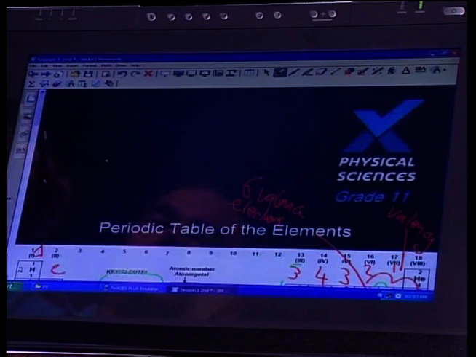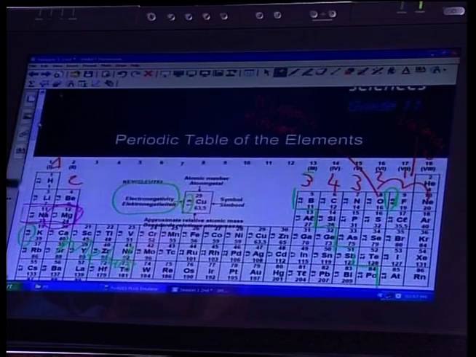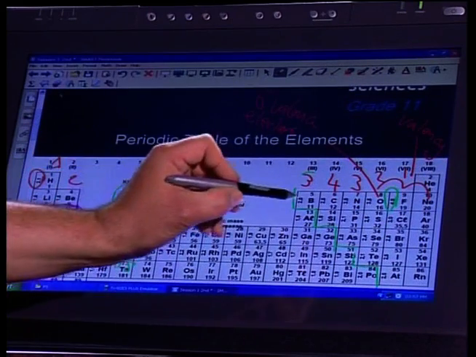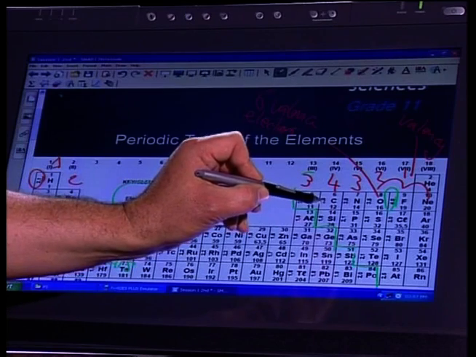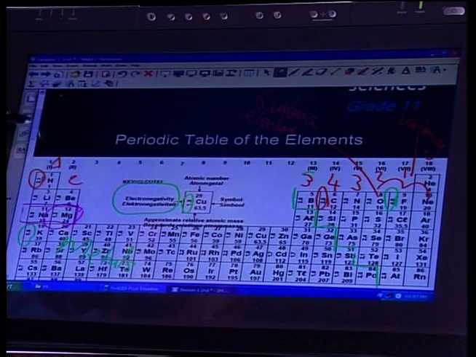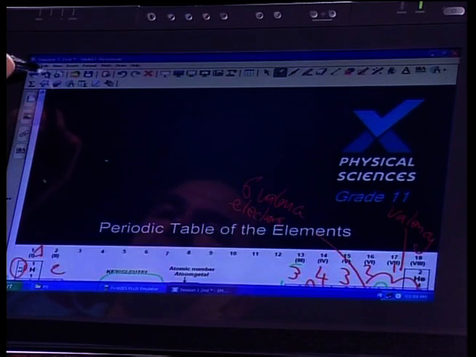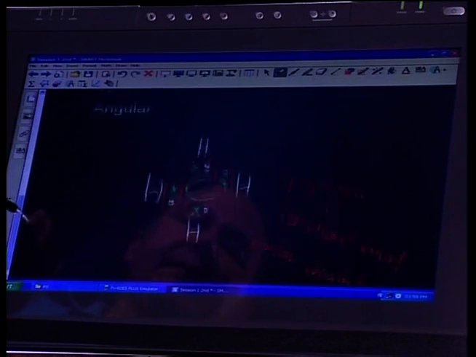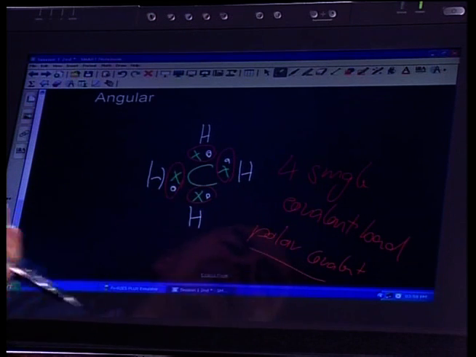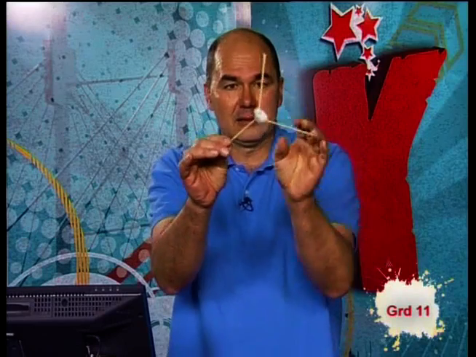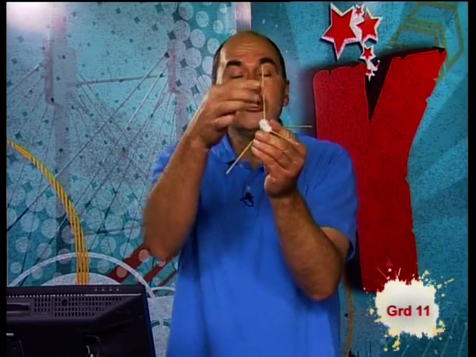Let me show that to you again. Hydrogen is 2,1 and carbon is 2,5. So it's not 0. There is a difference between them. It's not a very big difference, but there is one, and we would say that this bond is slightly polar covalent. But the molecule, because it's symmetrical like this, is not.